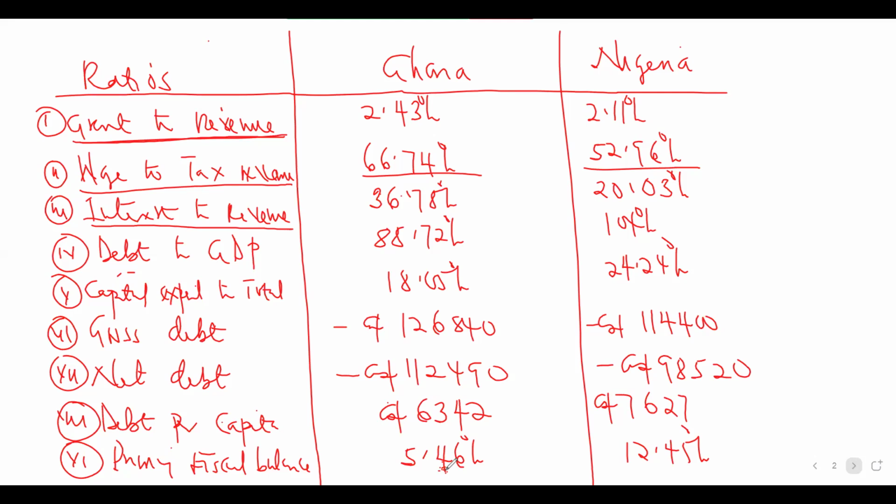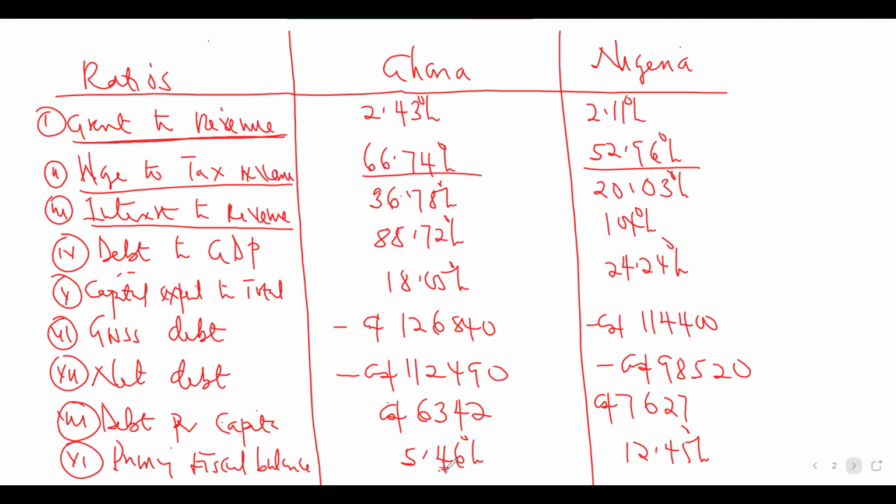Or Ghana might be having ghost names. We might be paying ghost names, or we are not efficient in managing our payroll, which might be as a result of having a lot of ghost names on the payroll. That might be the reason. So Nigeria is doing better than Ghana in terms of managing their wage bill or managing their payroll.